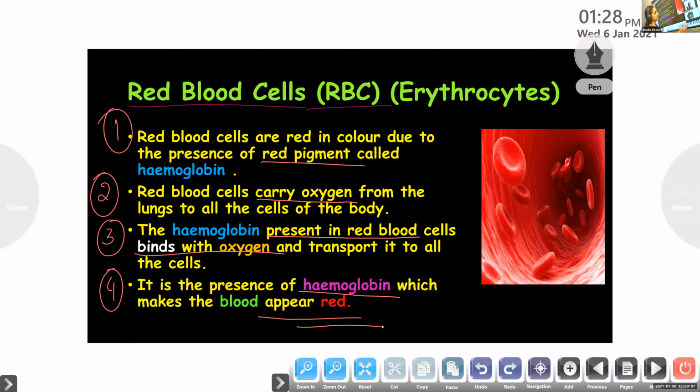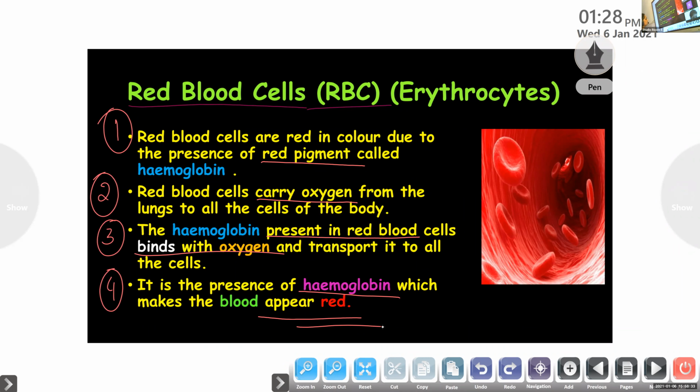So, Abhinand Krishna, what is present in the blood that helps to transport oxygen to all the cells? The pigment. Hemoglobin. Okay.